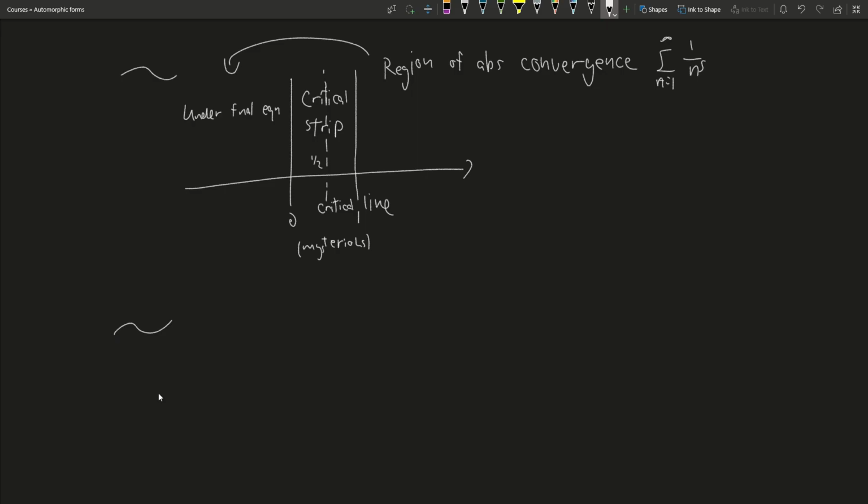So the Riemann hypothesis is the conjecture that all the quote-unquote non-trivial zeros, and I'll talk about that in a second, of the Riemann zeta function lie on the critical line.